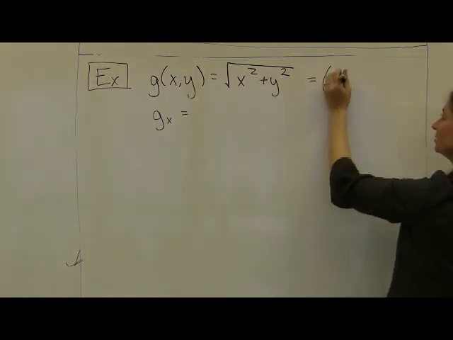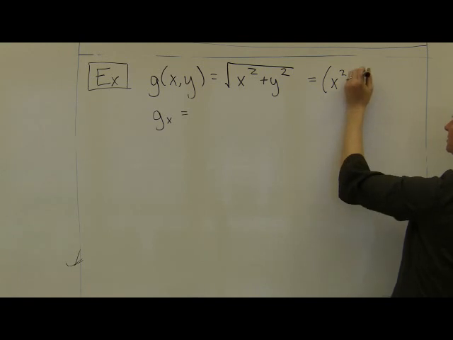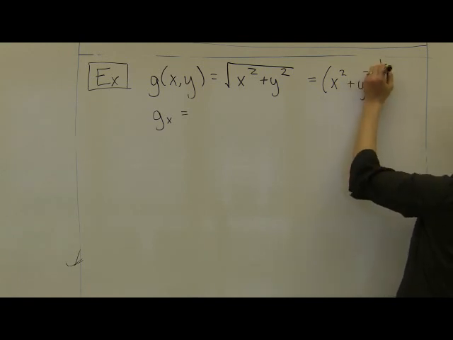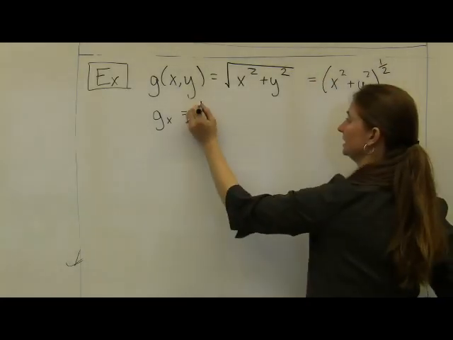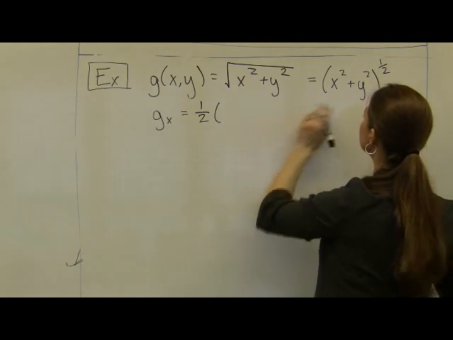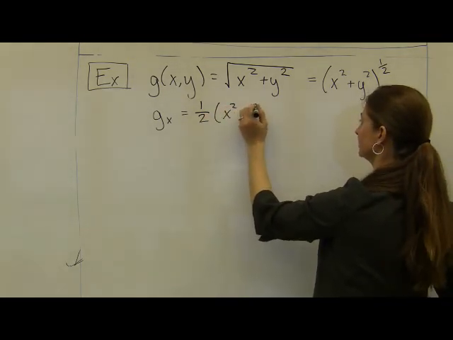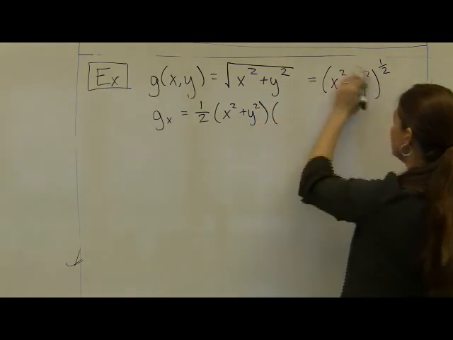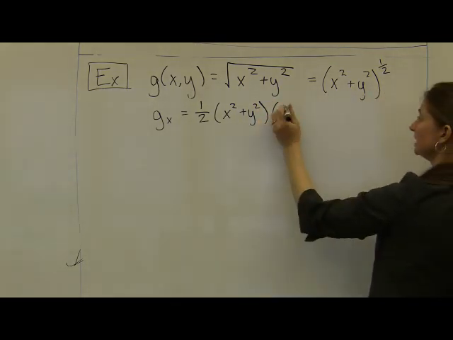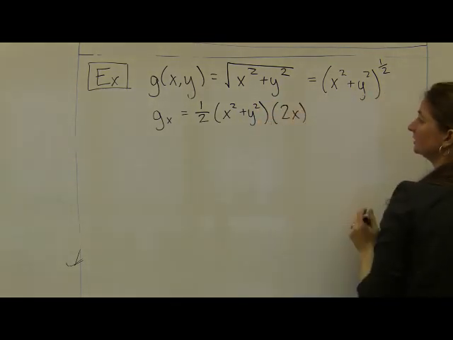And in order to use the polynomial rule, sometimes it's nice for me to think of this square root as being raised to the 1/2 power, because then it's easier for me to think about the polynomial rule when taking the chain rule. So the derivative with respect to x of this function is going to be the derivative of the outside of the function times the derivative of the inside. Treating y as a constant, I get 2x.